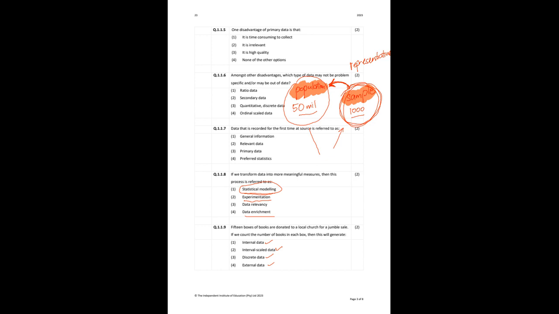So let's just say we calculated the average income. So the mean or the average income, if we calculated it for the sample, it would be called a sample statistic. So any measure that's calculated on the sample is called a sample statistic.